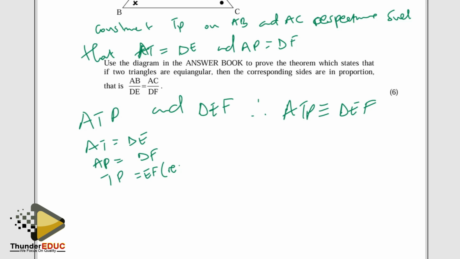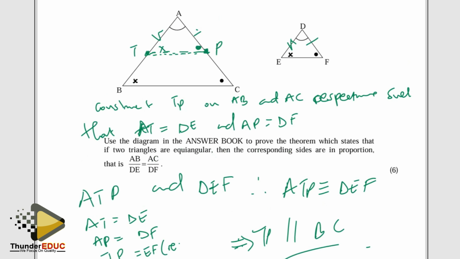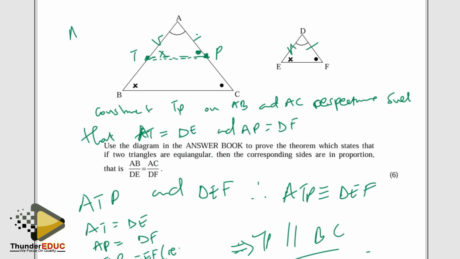And if that is correct, we can say that this implies that the line TP is parallel to BC. Those lines are parallel because those are corresponding angles. And then from there, since we know about the midpoint theorem, just go on and compare the ratios.